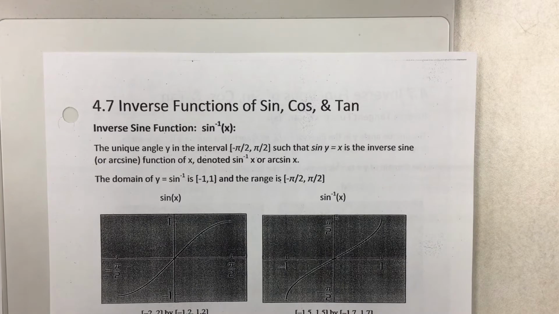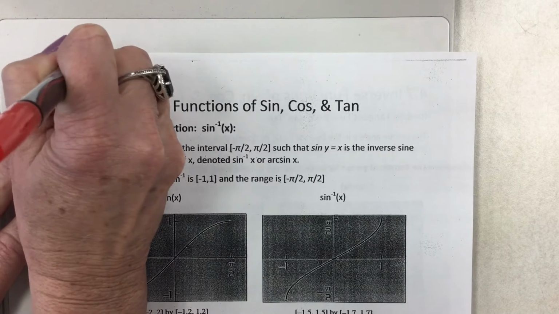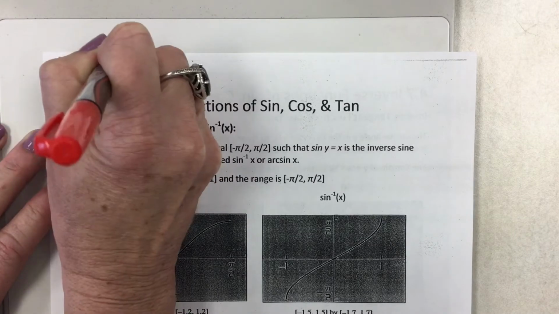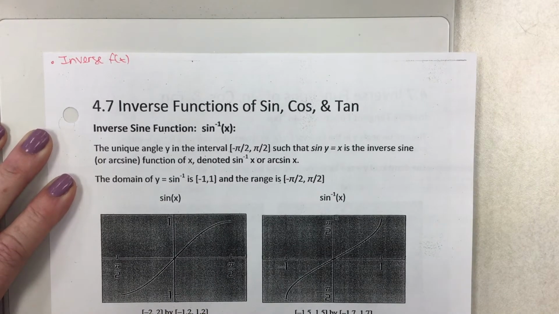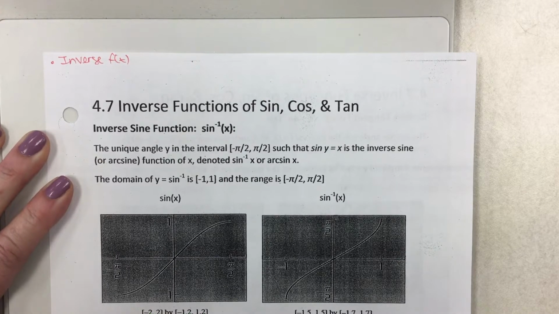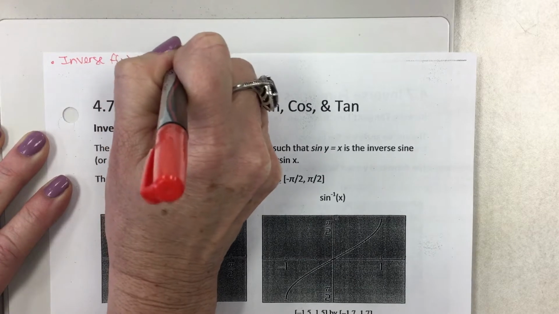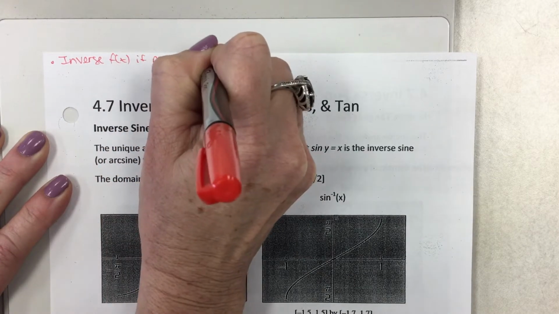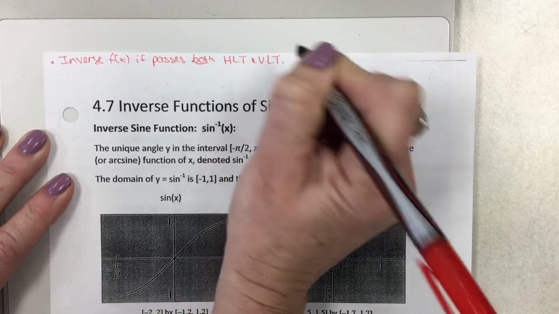And the problem comes with an inverse function, so first of all, let's just do a little definition. An inverse of a function is a function if it passes both the horizontal line test and the vertical line test.